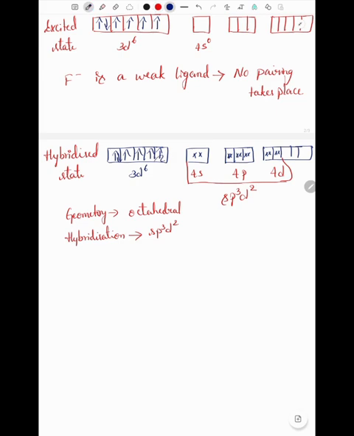And here there are unpaired electrons. Magnetic nature or magnetic behavior. As we know, when unpaired electrons are present, it is called paramagnetic. As the outer d orbital is involved in hybridization, it is referred to as an outer orbital complex.